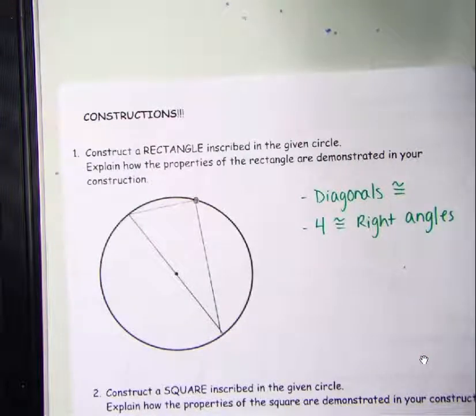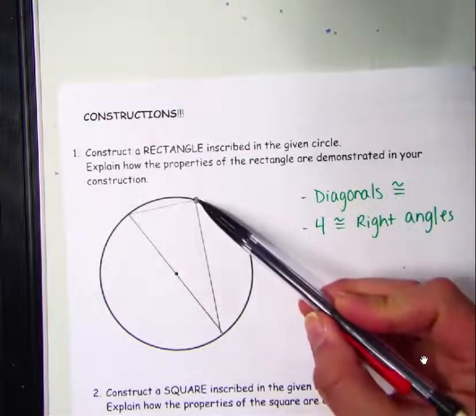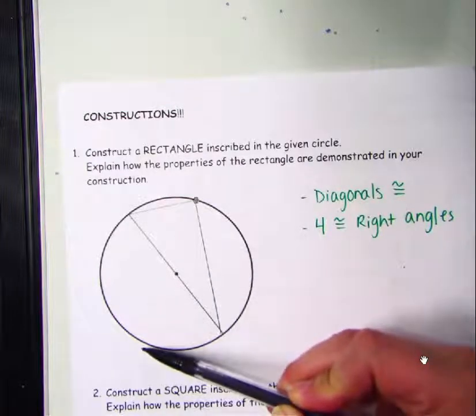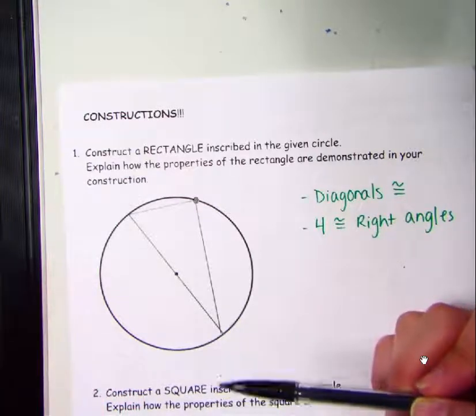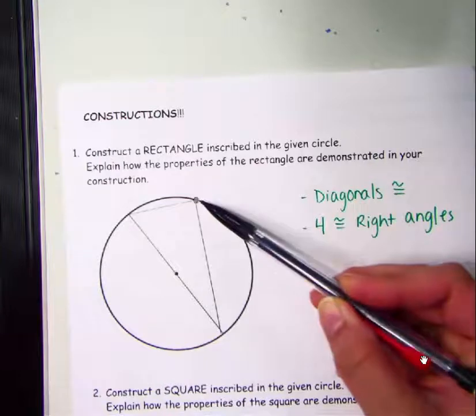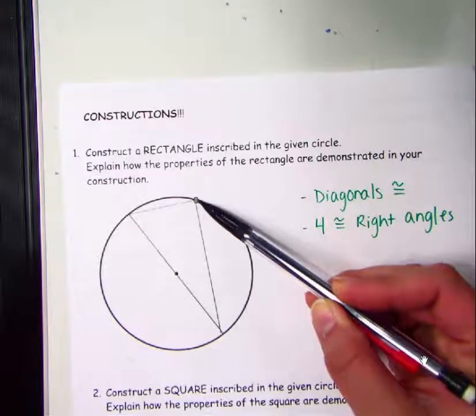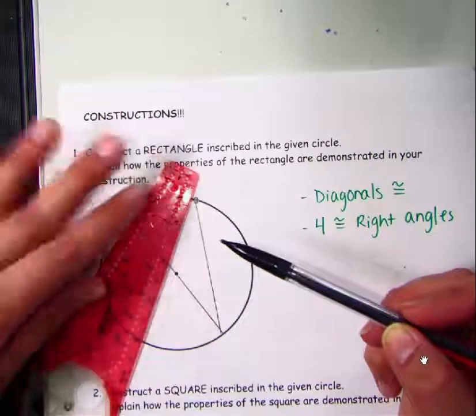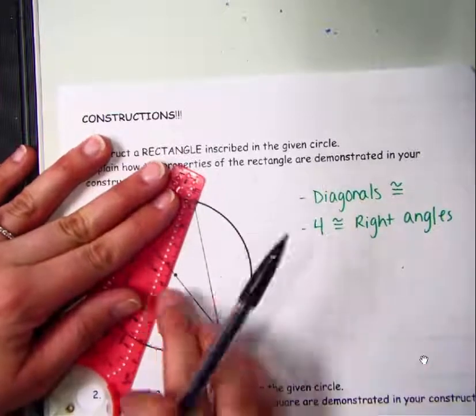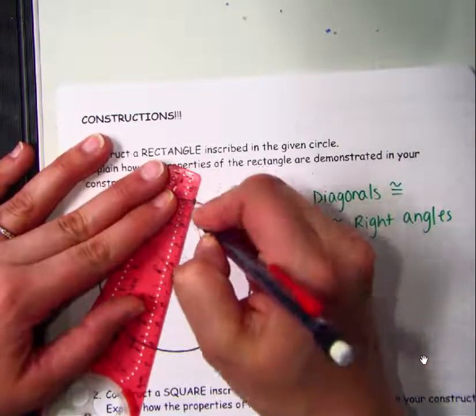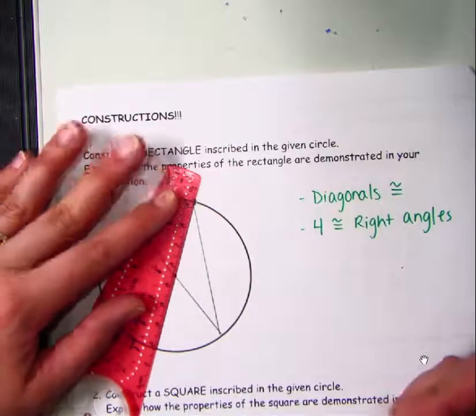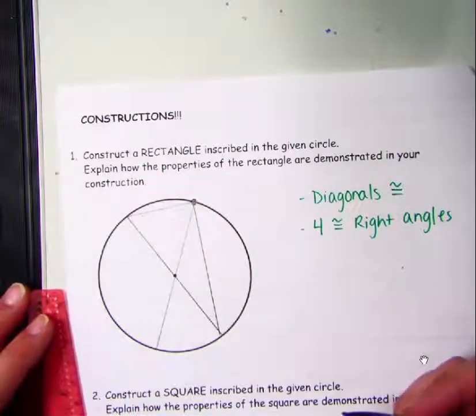To finish the construction of the inscribed rectangle, you're going to draw your other diagonal, which will be congruent because it's going to be another diameter of the circle. So from this vertex through the center point, we're going to have our other diameter, and that diameter is the other diagonal.